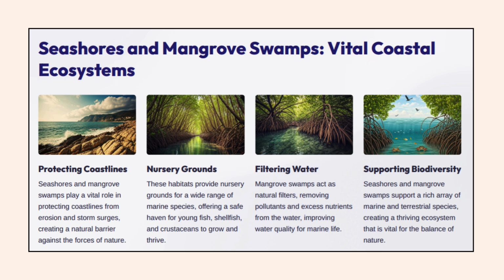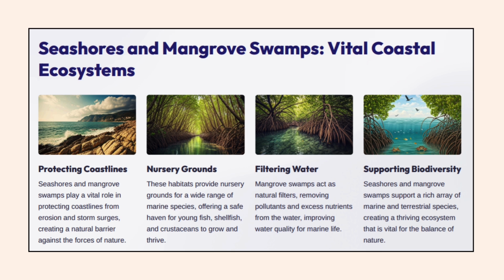Next, nursery grounds. These habitats provide nursery grounds for a wide range of marine species, offering a safe haven for young fish, shellfish, and crustaceans to grow and thrive. Filtering water. Mangrove swamps act as natural filters, removing pollutants and excess nutrients from the water, improving water quality for marine life.